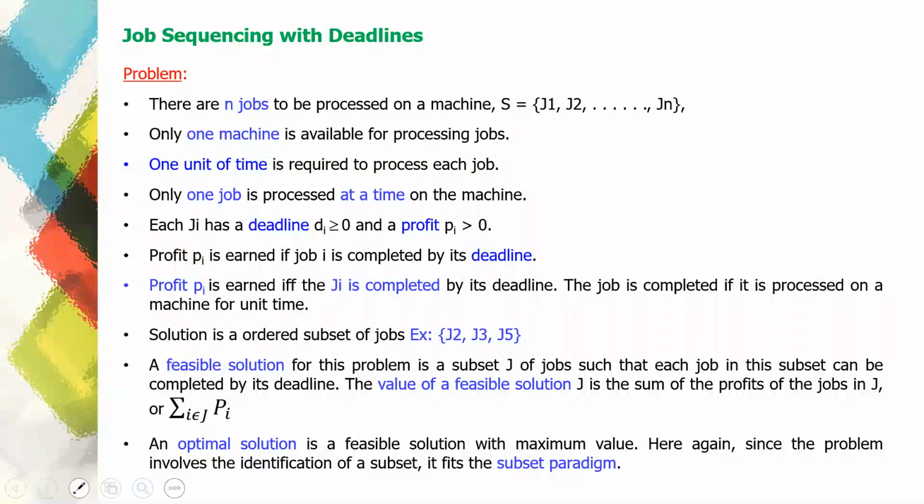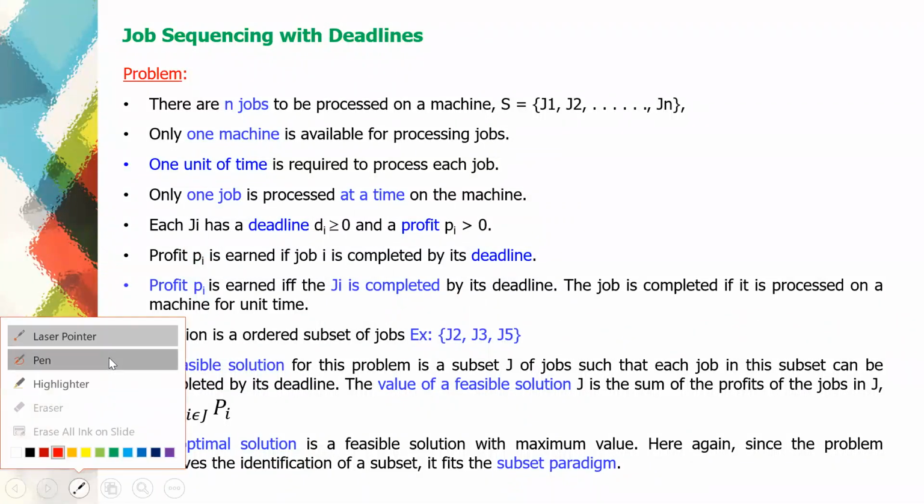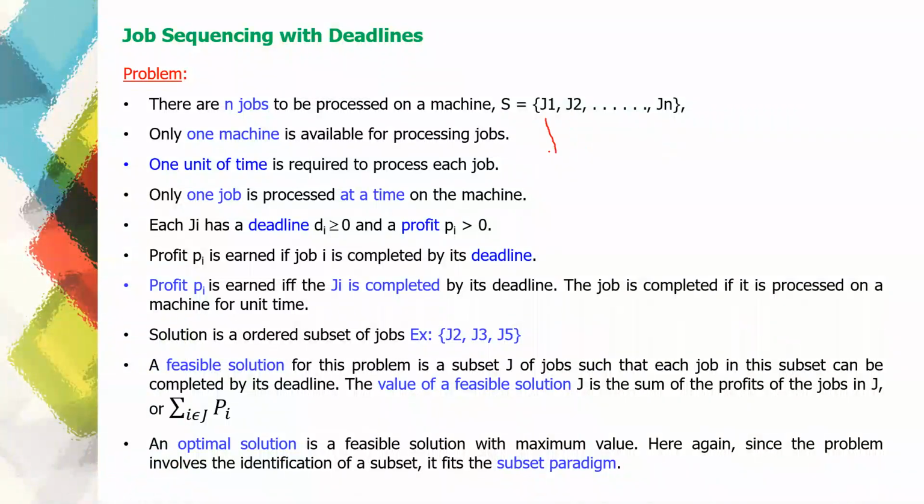Say, for example, I have job J1 whose deadline D1 is equal to 3. D1 is equal to 3 for job 1. That indicates that J1 must finish its completion before the third time unit.